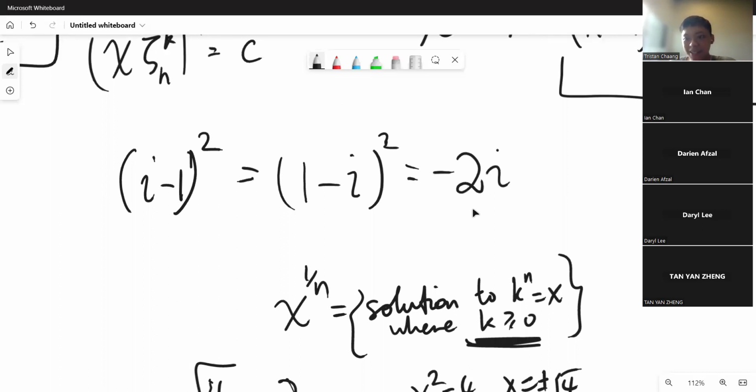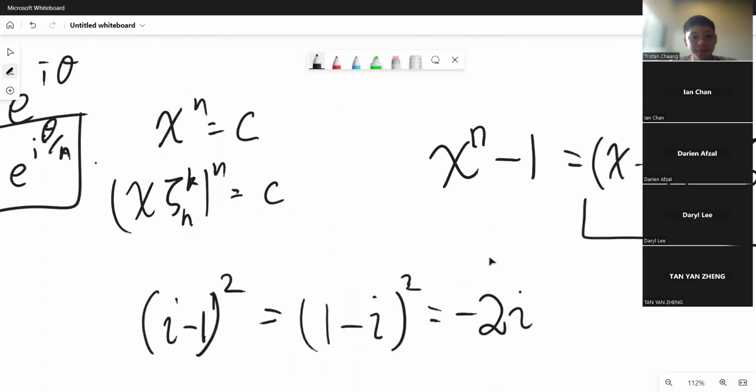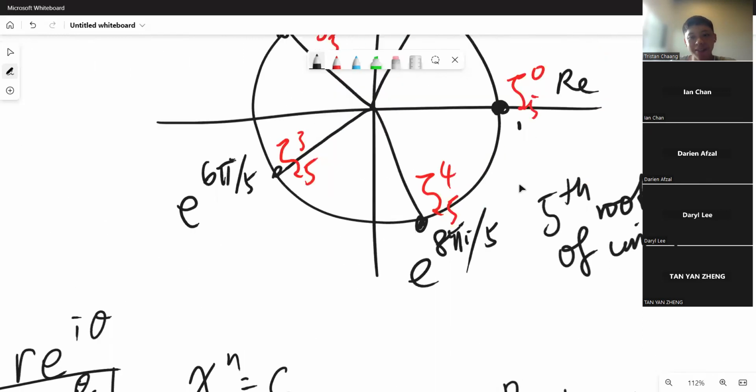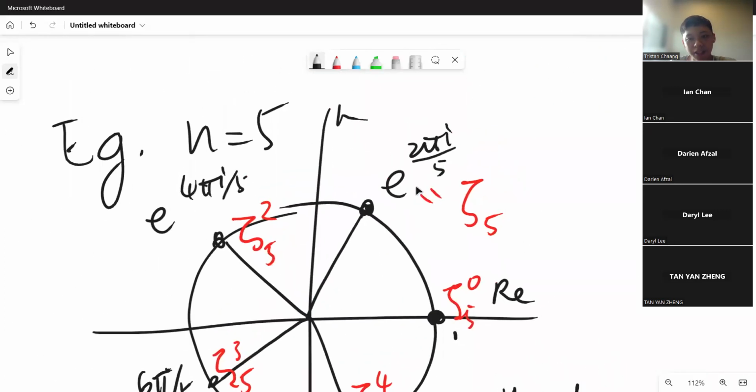writing the square root needs some caution. So either you use a well-defined definition of square root. For example, for roots of unity, you can define the nth root to be the one with the smallest positive argument. That will be a well-defined function.